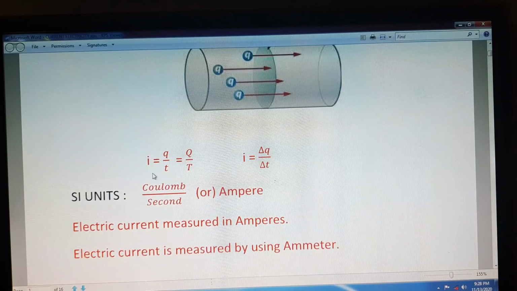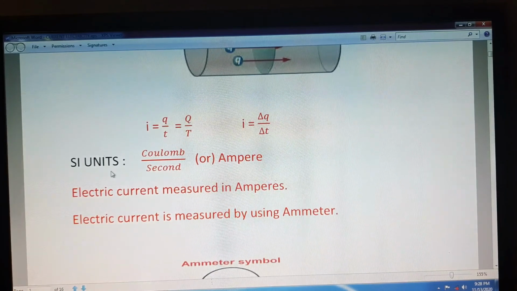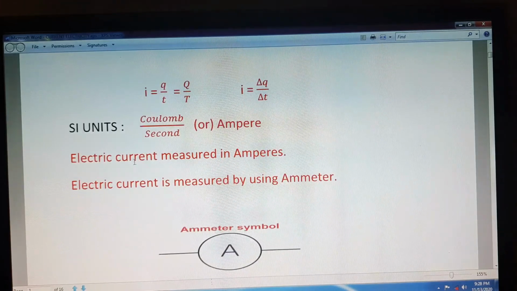So the SI unit of electric current: Q is electric charge, whose SI unit is coulomb, and T is time, whose SI unit is second. So coulomb per second is the SI unit of electric current, and we also take the SI unit as ampere. So electric current is measured in units of amperes.